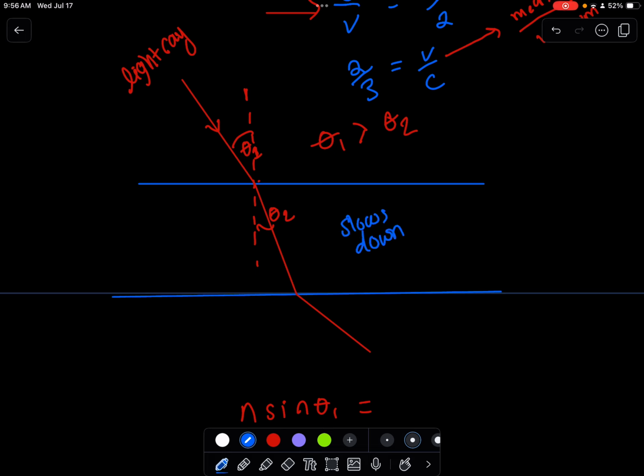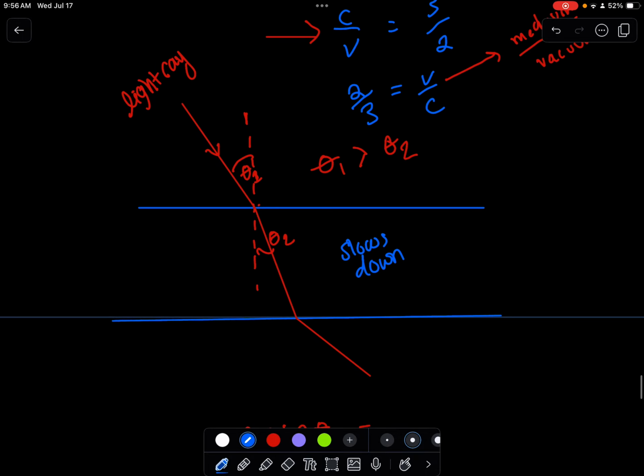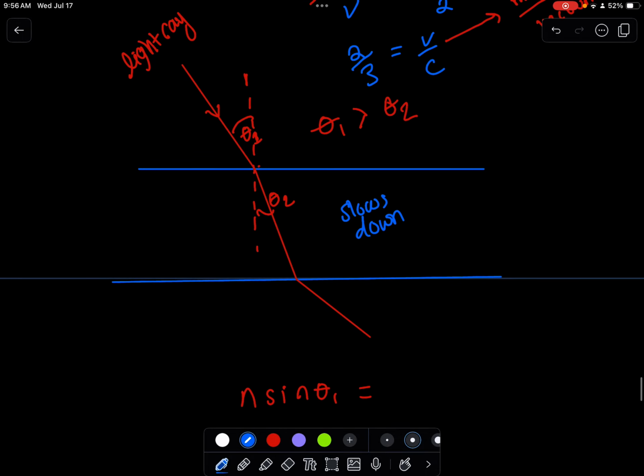And when light slows down, what happens is that the light bends towards this dotted line. So this dotted line is known as the normal. And so what is the normal? So the normal is 90 degrees to the surface. As you can see, 90 degrees there and 90 degrees on the other side.